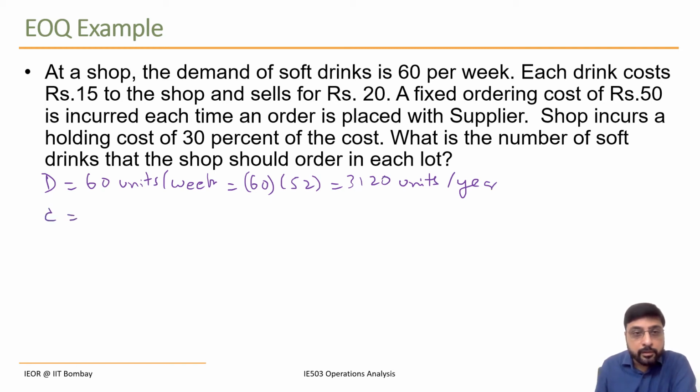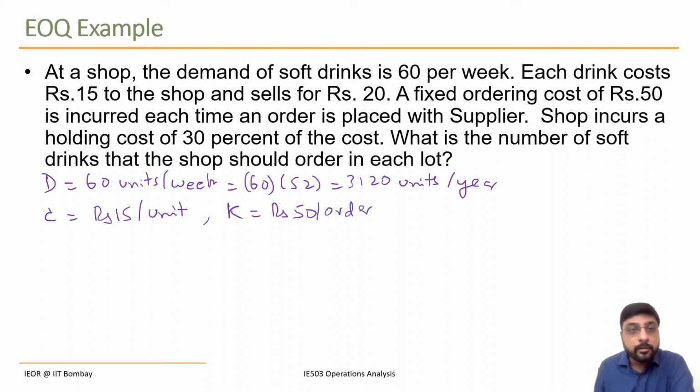The cost C per soft drink that the shop incurs is rupees 15 per unit, and the selling price doesn't matter for us. The fixed ordering cost, that is K, is rupees 50 per order. And then we also have I, which is given as 30%.